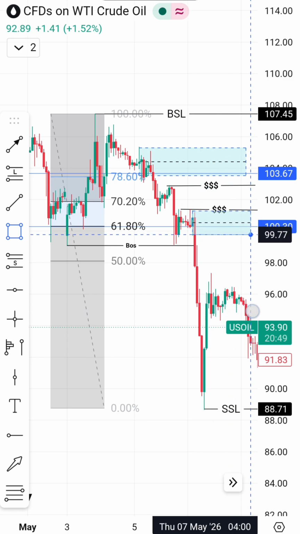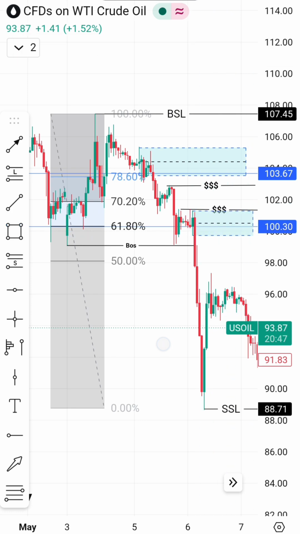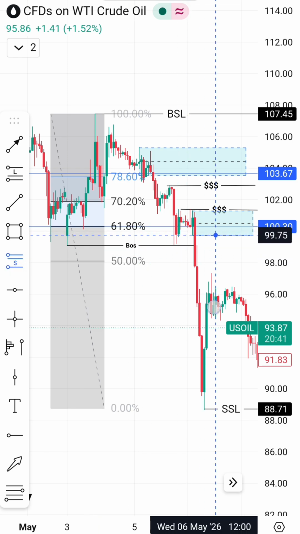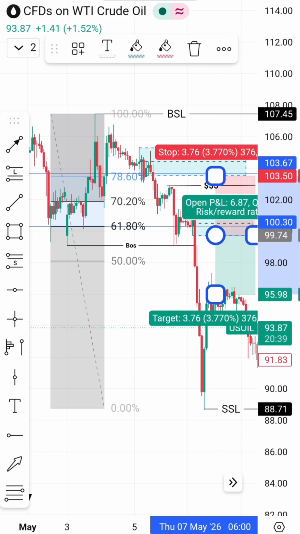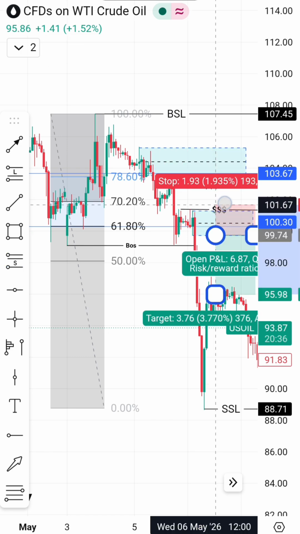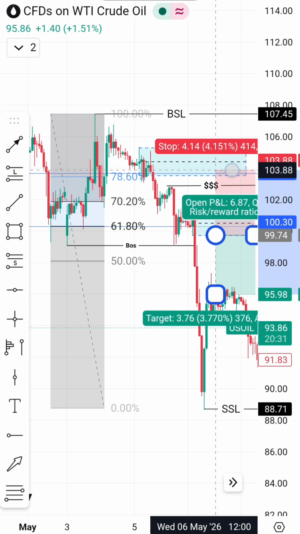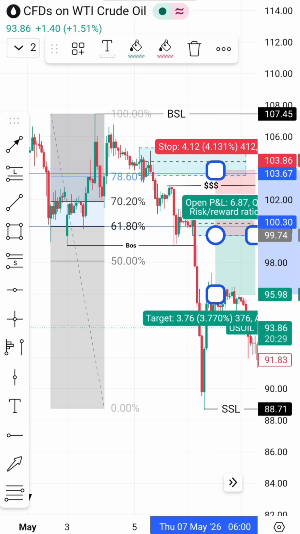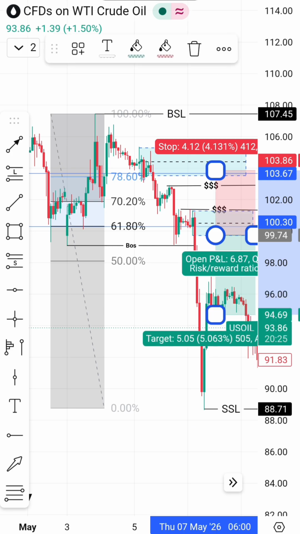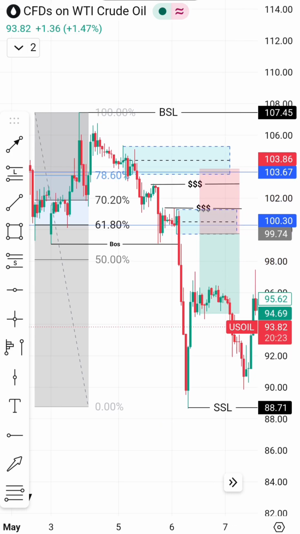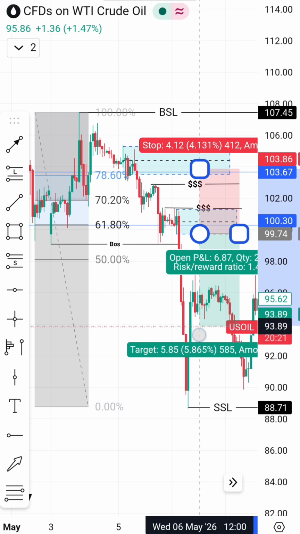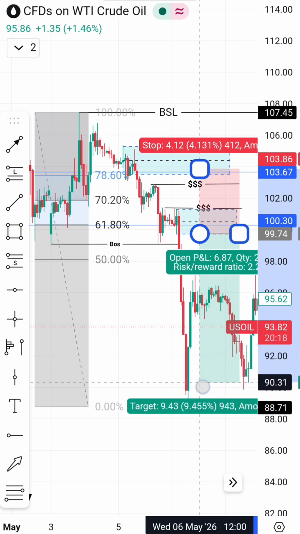Then you'd enter your short there and place your stop loss, let's say at this 78. Most of the time I advise people to put it above 78, and take your 1:2 to 3, or that lowest point there.